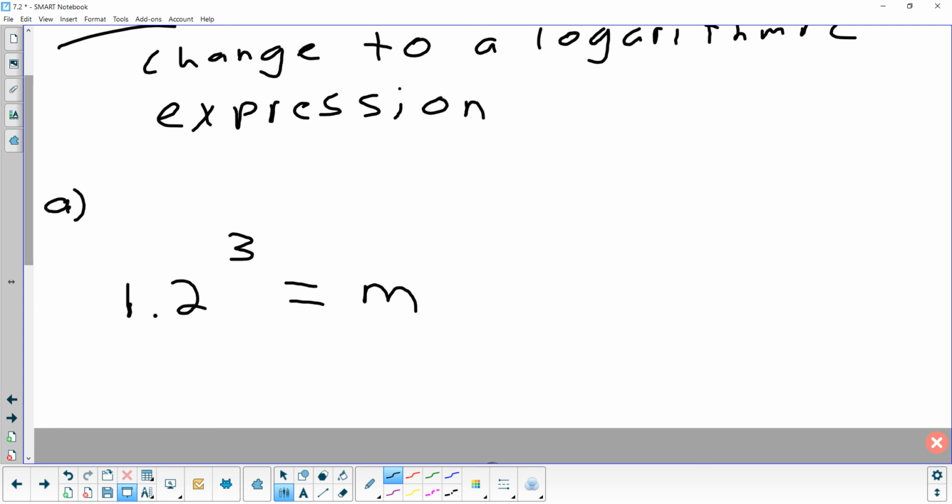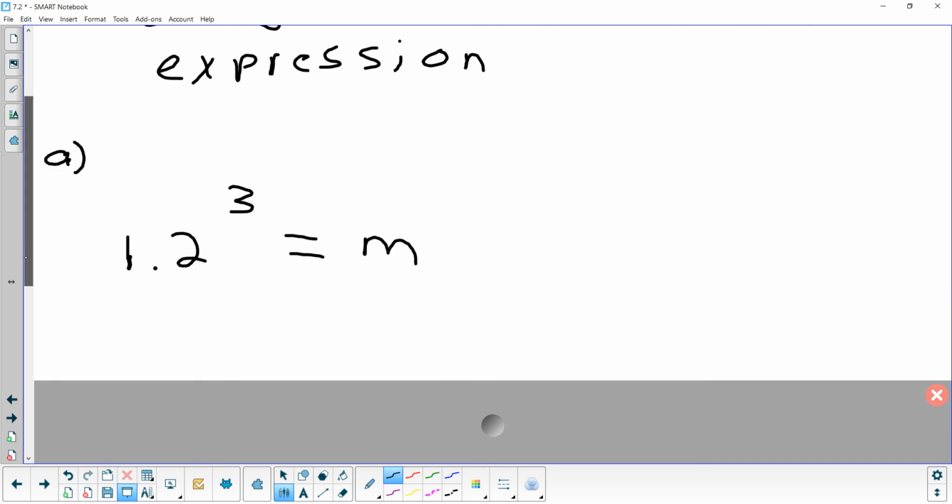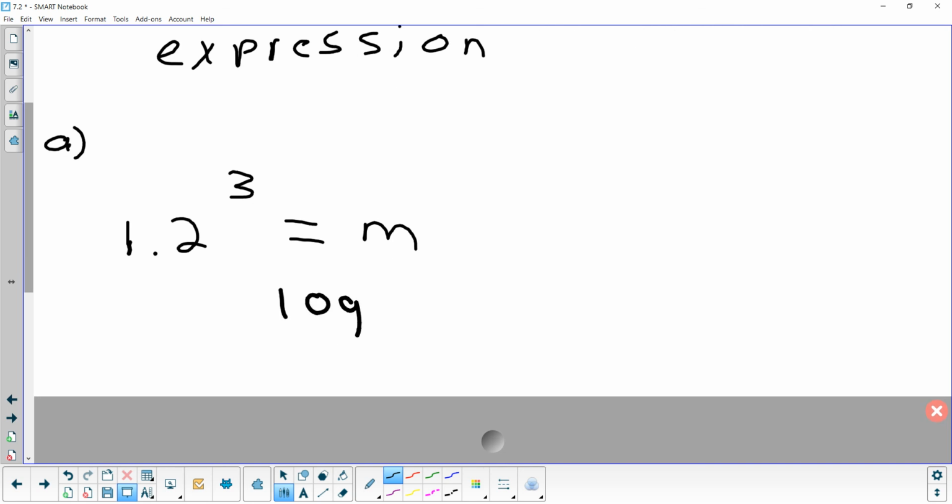Without this, it's not log form. You have to have this in it. Base. Well, the base is going to be part of the thing, but you need to write the thing down first so you have something to put the base with. Yep. Log. You have to have the word log. Okay, so that's the very first thing.